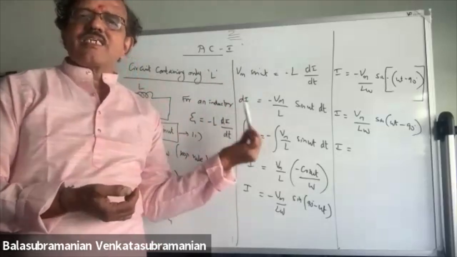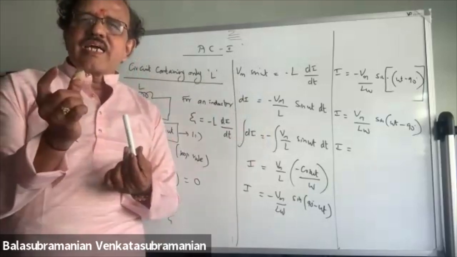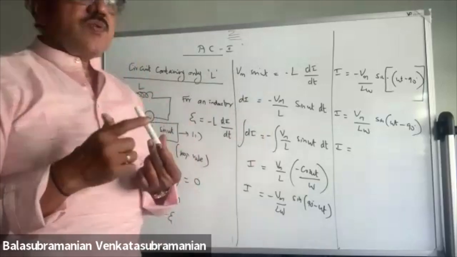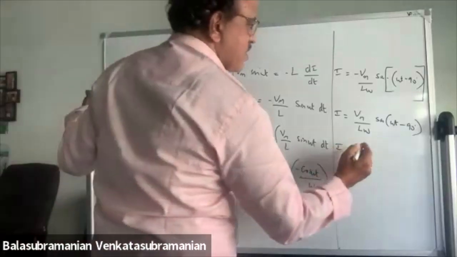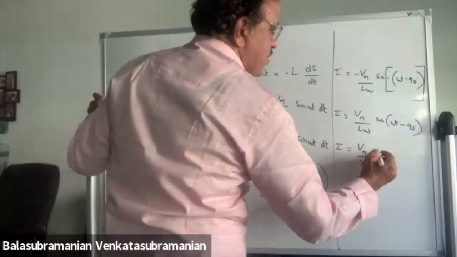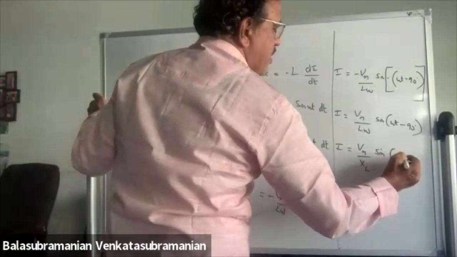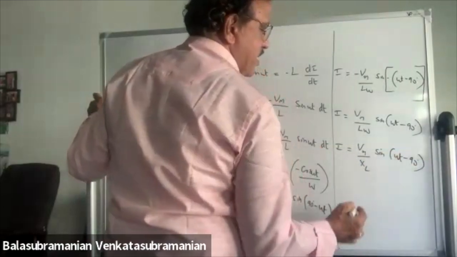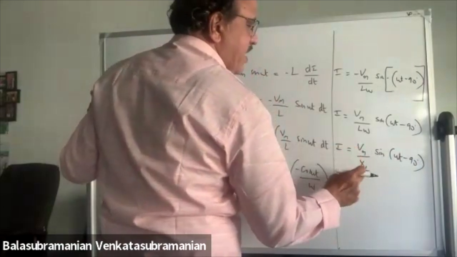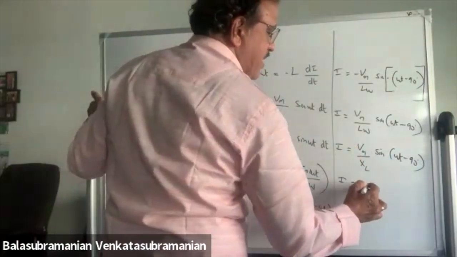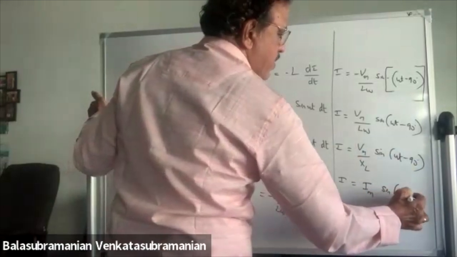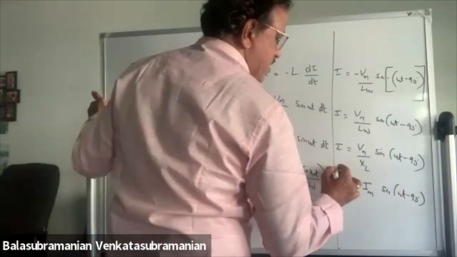Since this is an inductor, we use inductive reactance. That is Vm by XL sin of omega t minus 90. Maximum voltage by resistance, we call it the maximum current, Im sin of omega t minus 90.